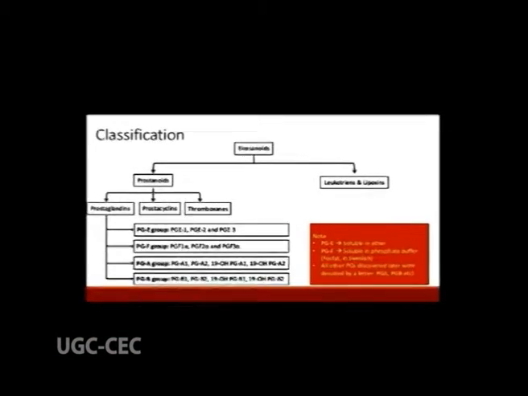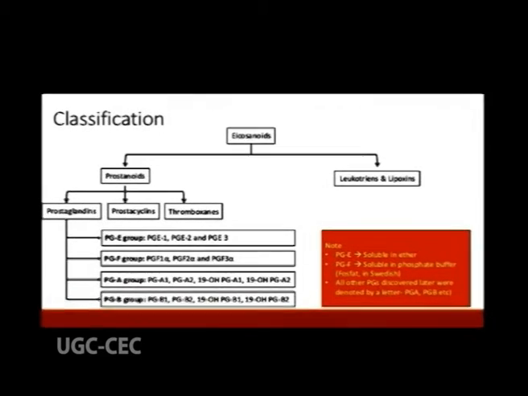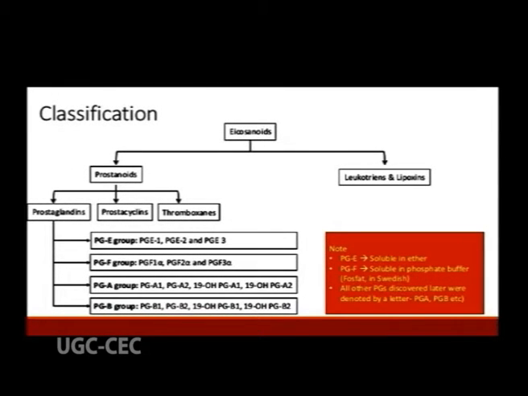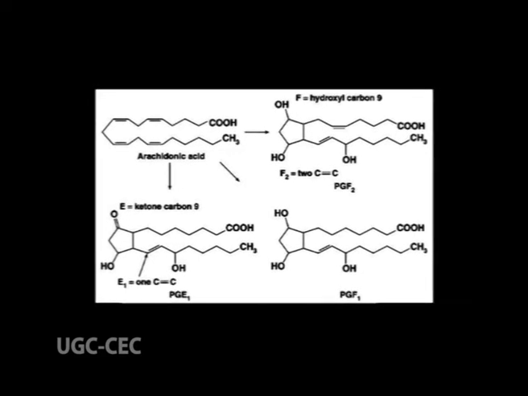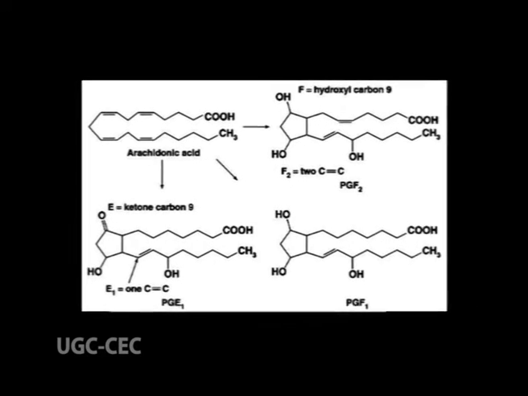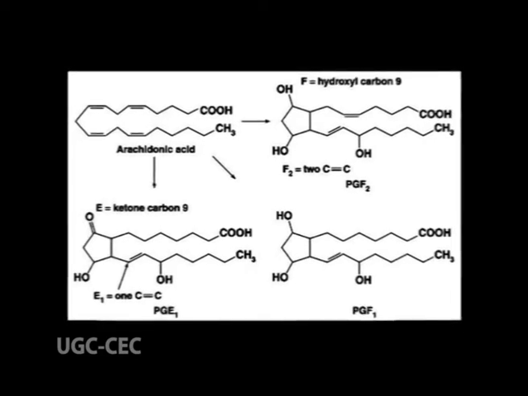The classification scheme of the various eicosanoids is shown in the figure. Prostaglandins are generally derived from the unsaturated fatty acid known as arachidonic acid. How the various prostaglandins are derived from arachidonic acid is depicted in the figures.